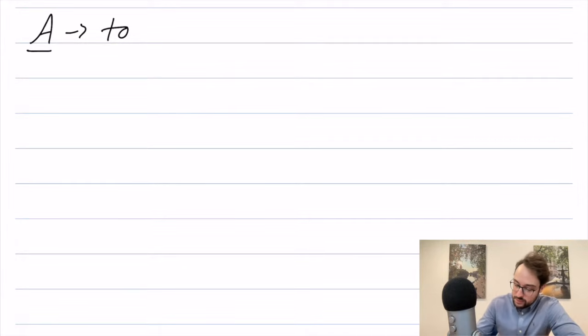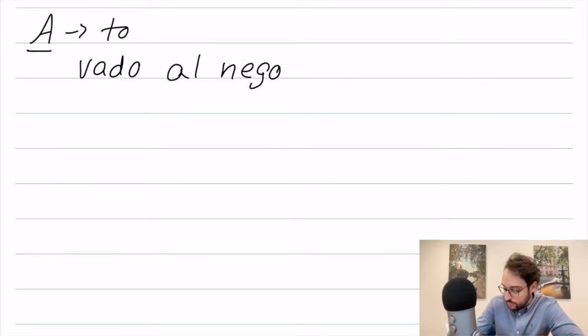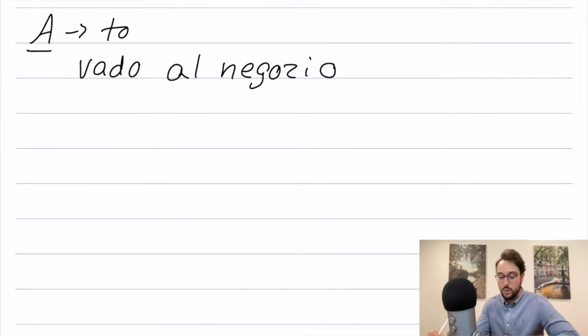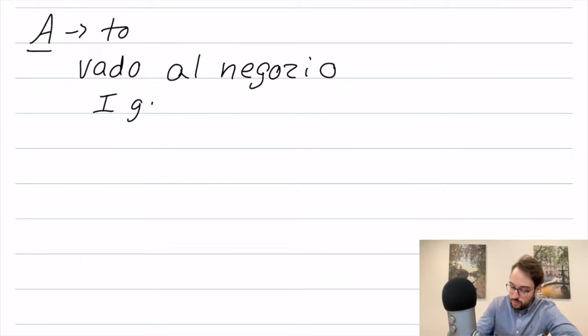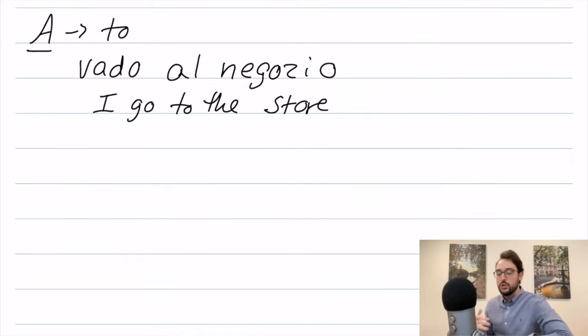So, for example, if I say, vado al negozio. And I'll explain how we get from a to al in just a moment. But this means I go to the store. Vado al negozio. Usually after andare, we use a when you're saying I go to.